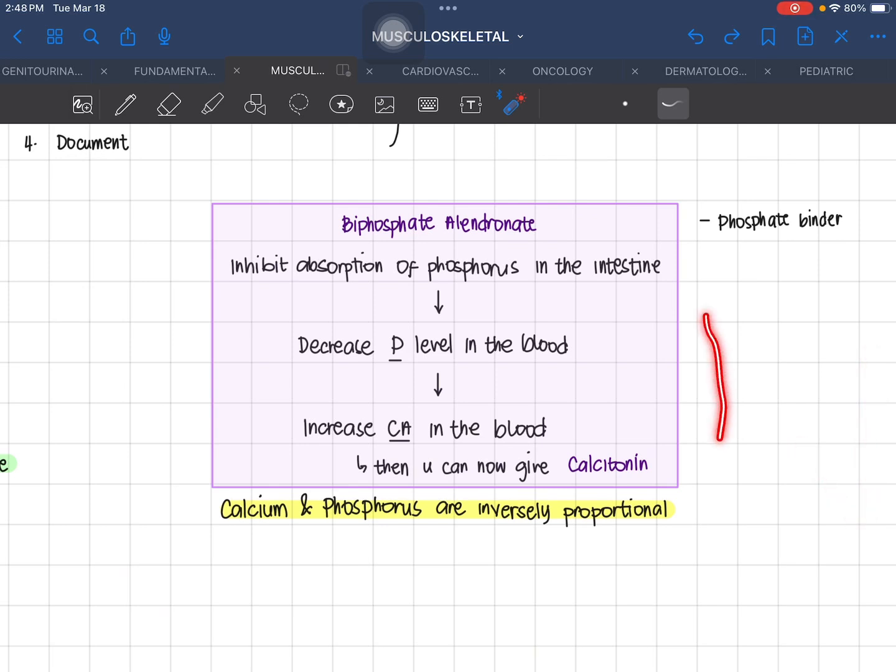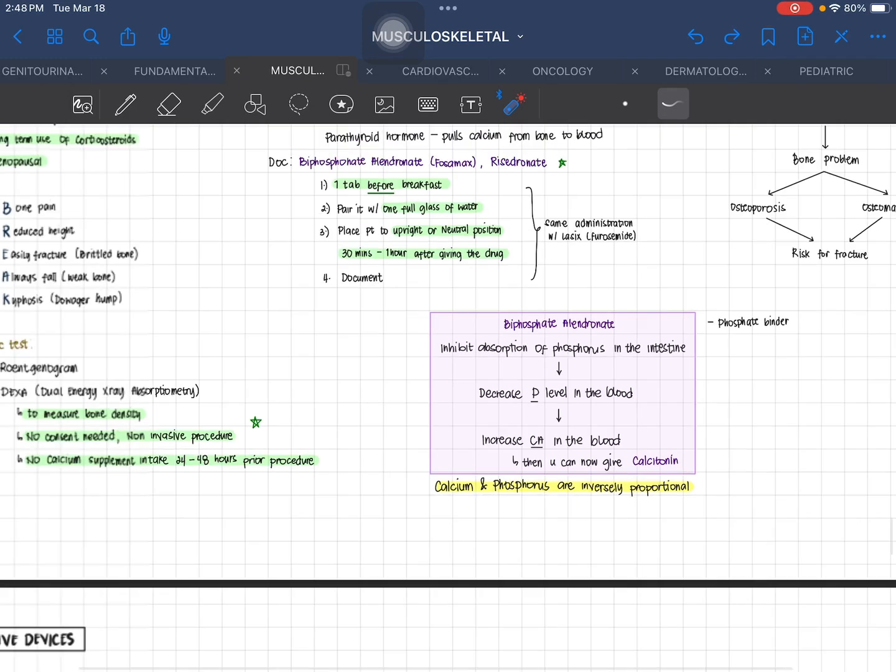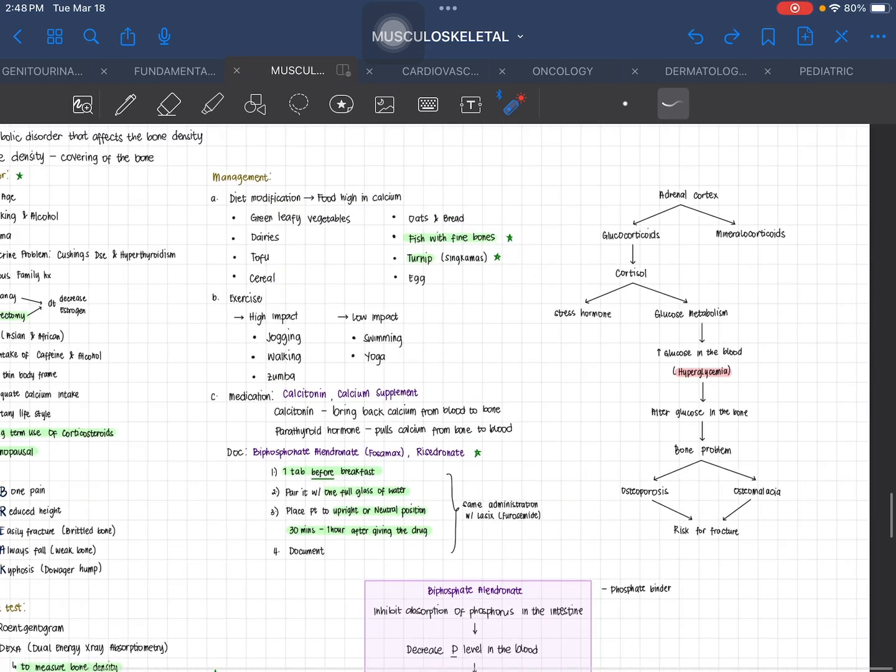So, kapag decrease yung phosphorus, nag-i-increase naman si calcium sa blood. So, kapag nag-increase na si calcium, pwede mo na ibigay si calcitonin kasi yung calcium sa blood, kukunin ni calcitonin para dalhin sa bone. So, yun.